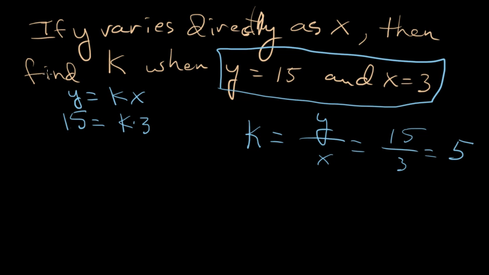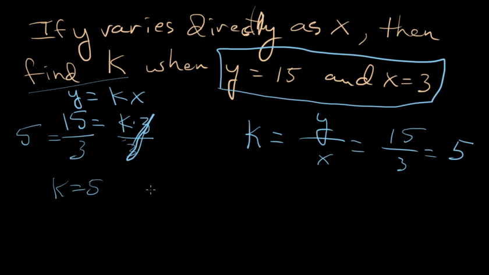Or I can do it this way: y equals kx, so 15 equals k times 3, where 3 is x. Divide by 3, divide by 3. It's pretty much what I just did, isn't it? k equals 15 over 3, which equals 5. So any way you look at it, find k: k equals 5.